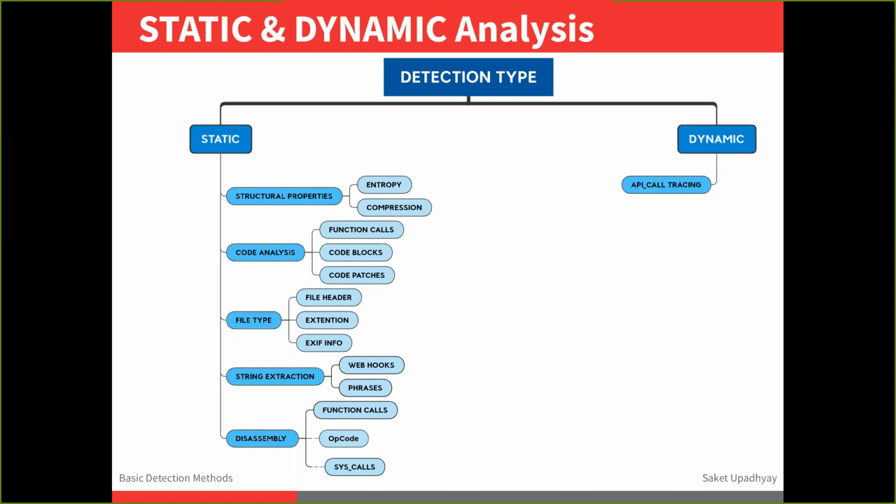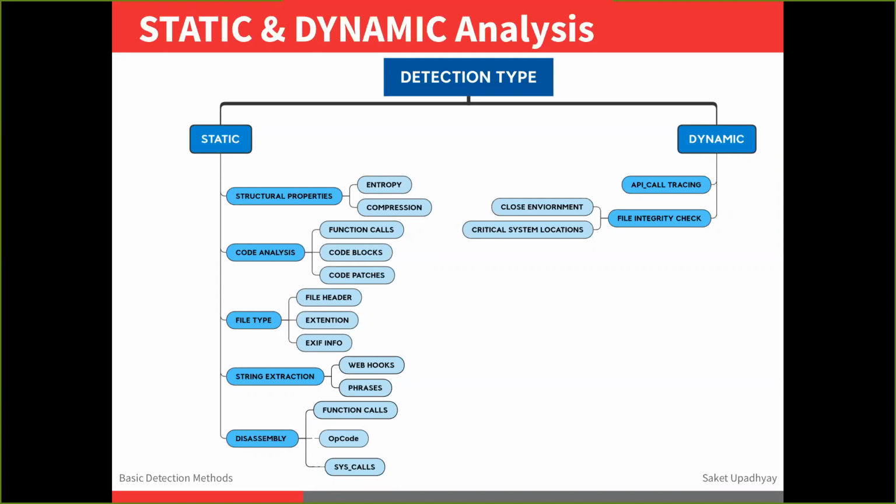In dynamic, we can check for the API calls the malware is making. For example, if the malware is trying to communicate with an external server, we will check for it. Then we can check for file integrity.